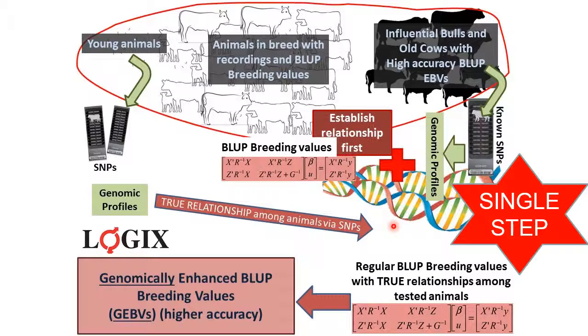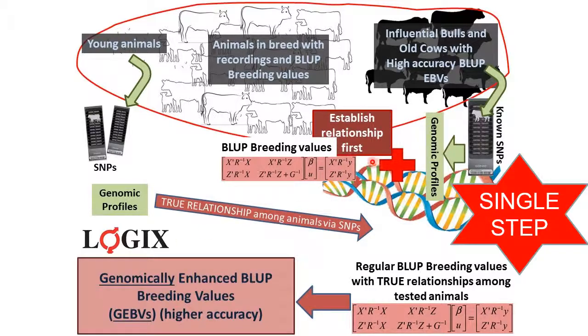So when the true genetic relationships are known, this is basically then utilized, and the A matrix is being changed. And then a BLUP run is just being concluded.